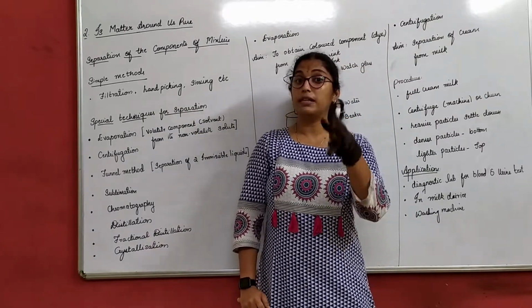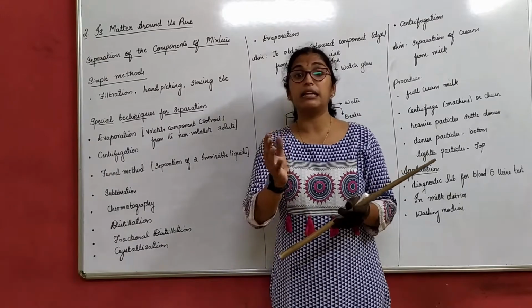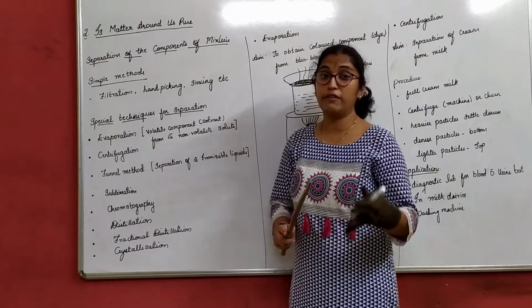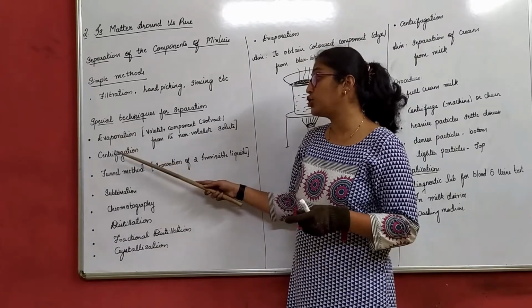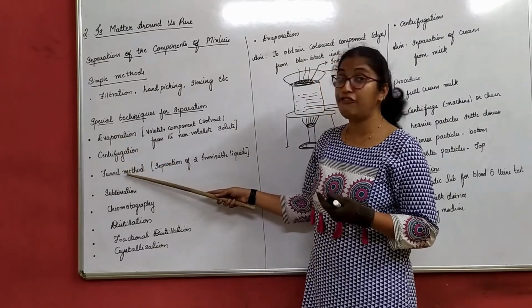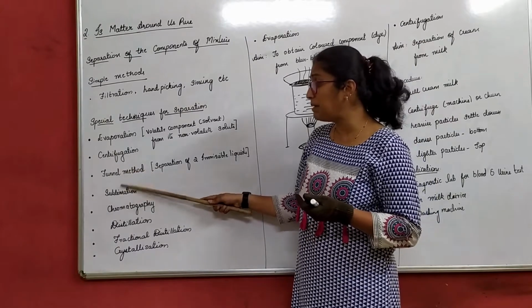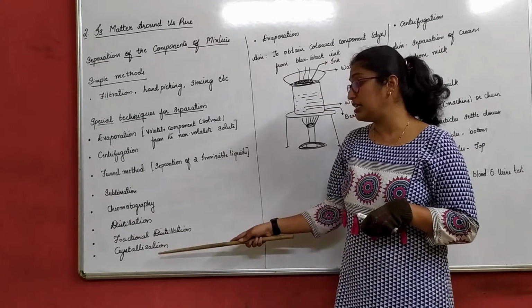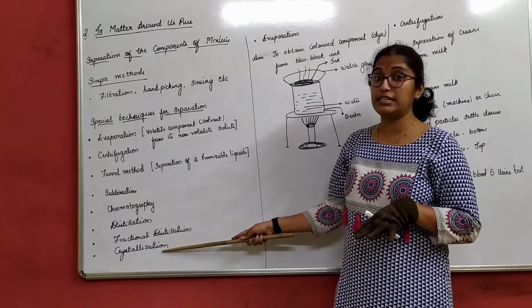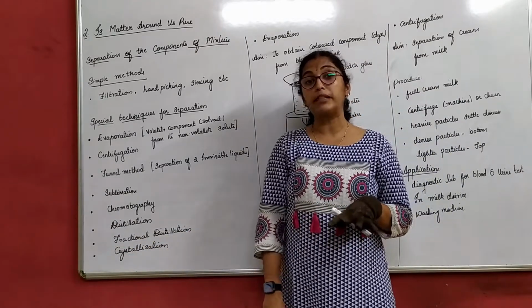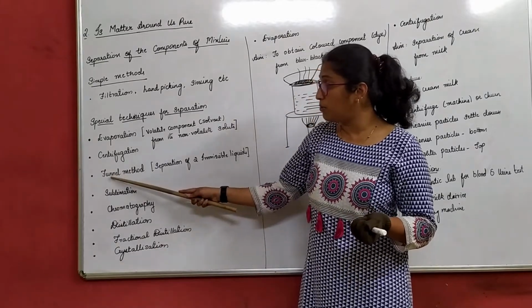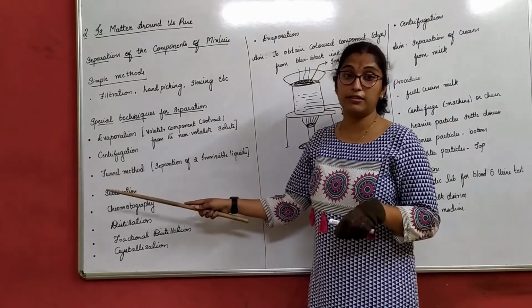Those methods will require some technical instruments and some guidance for separation, which could be evaporation, centrifugation, funnel method, sublimation, chromatography, distillation, fractional distillation and crystallization. We also have one more method called decantation. Now decantation is almost similar to the funnel method, right?